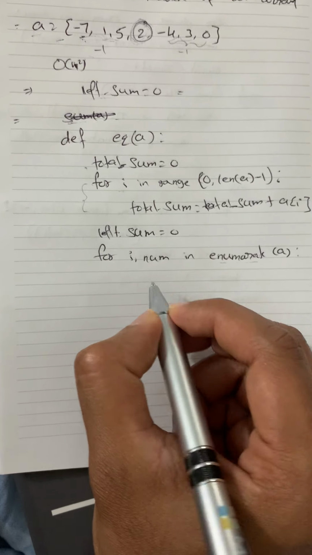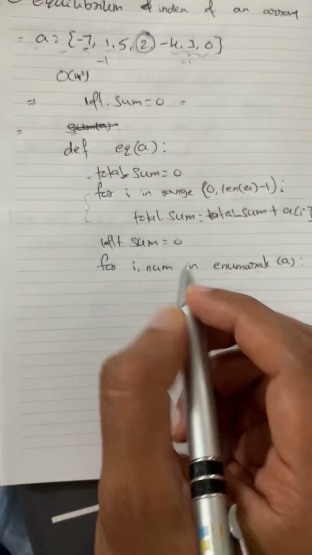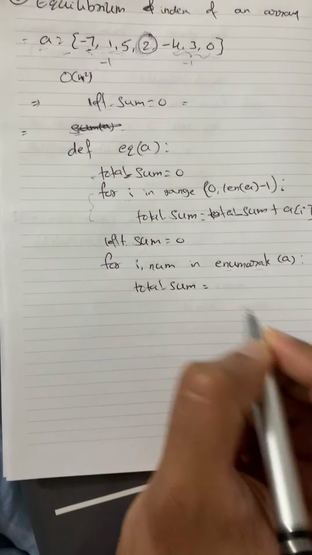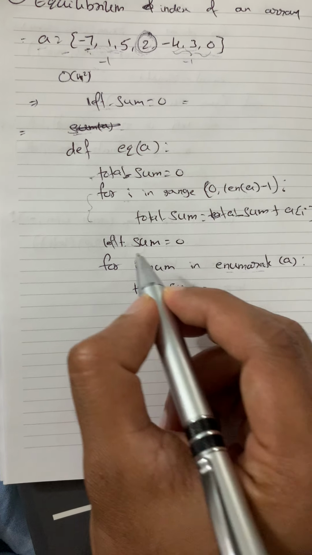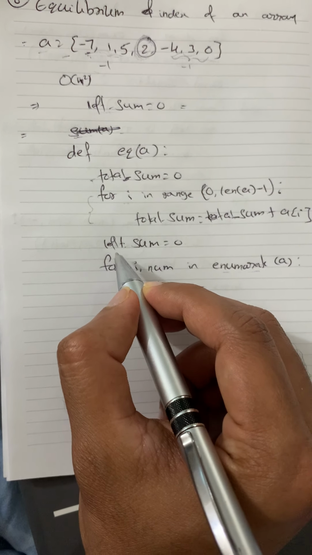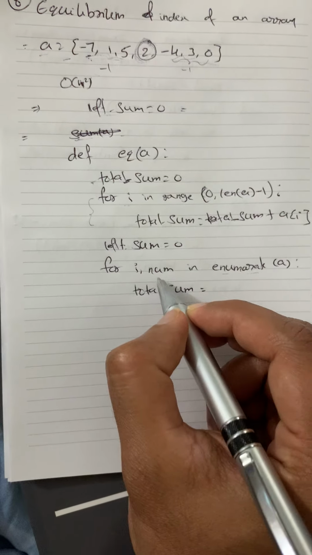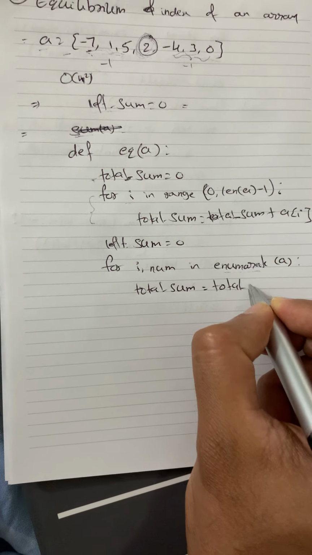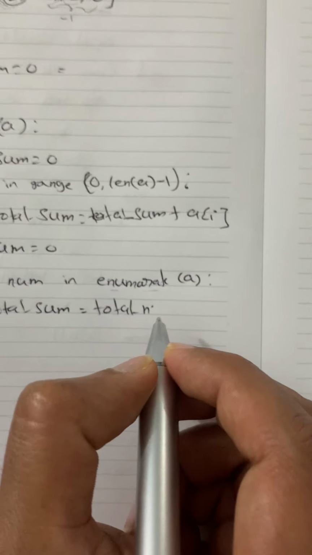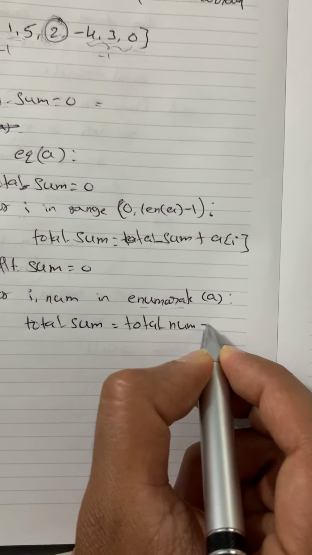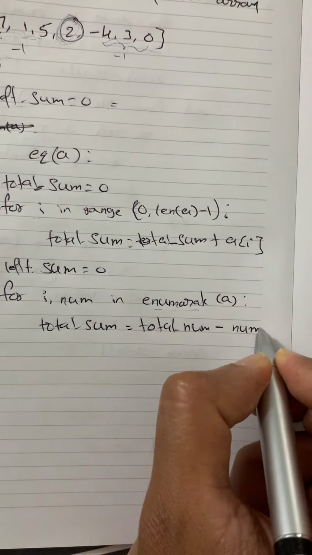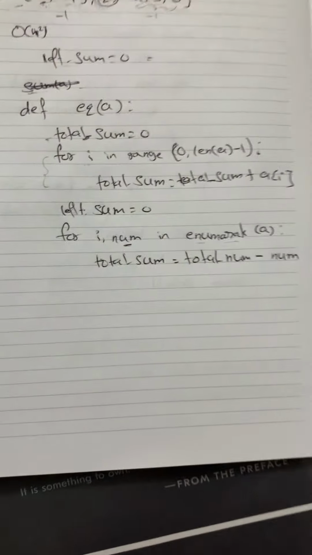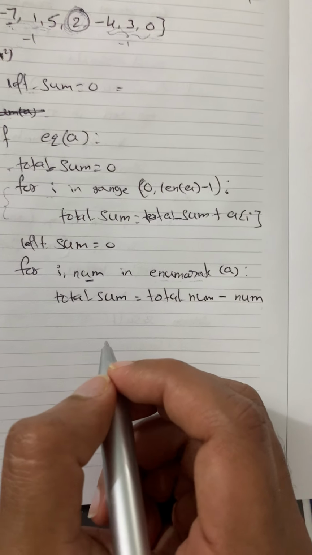Now we already have the total sum here. Like I said, I will be deducting the number: total sum equals total sum minus num.